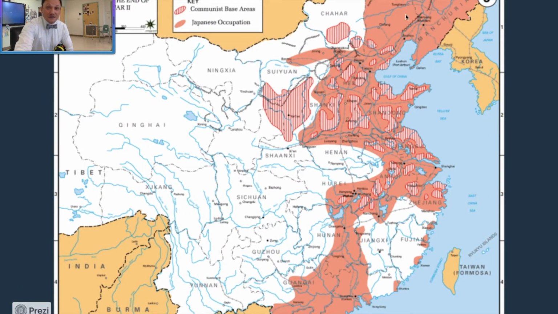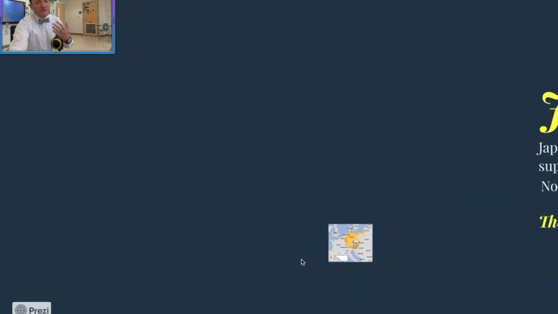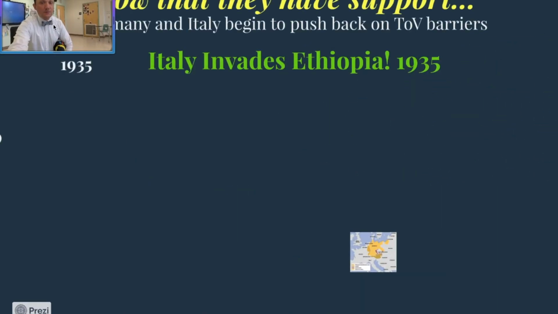Now, these areas is where Japan is going to try and create their new extension of their empire and invade the weakened China following the imperialism that they were under by the Europeans.